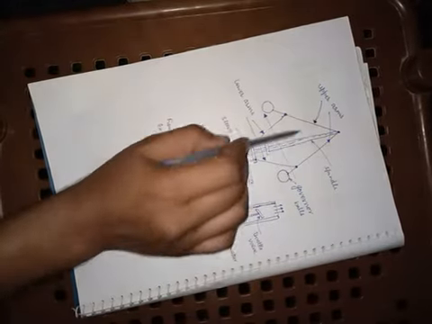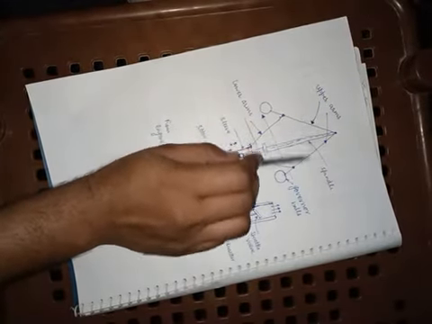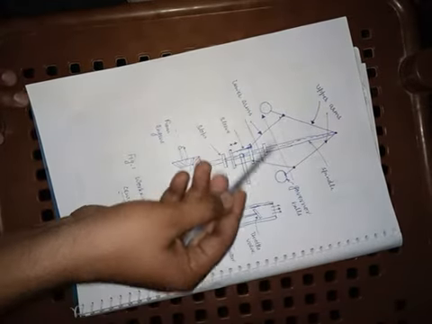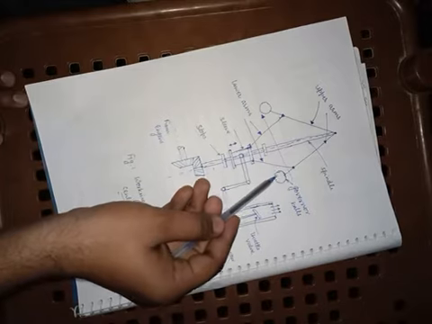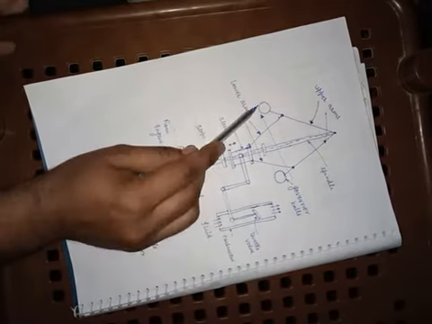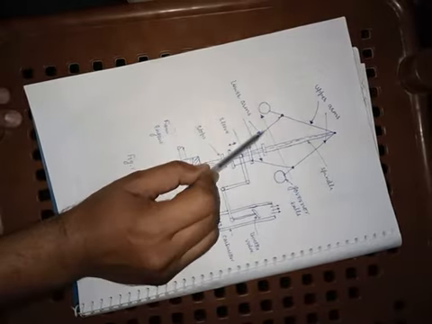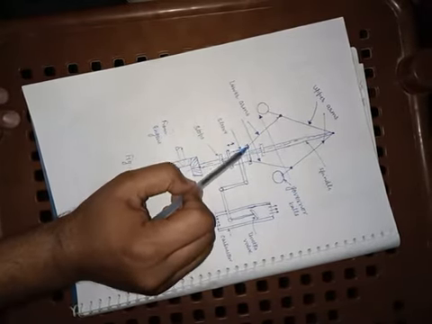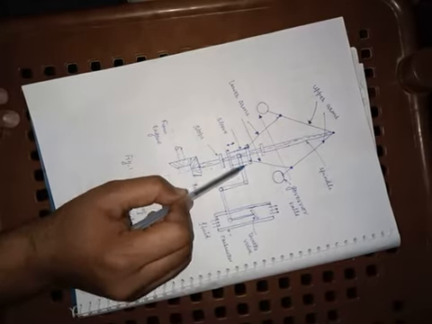Two masses, or two balls, are attached. These two balls are called the governor balls. These are the lower arms of the governor, and these arms are connected to the sleeve. The sleeve slides along the spindle. This is the spindle, and the upper arms are connected at the spindle at this point O.